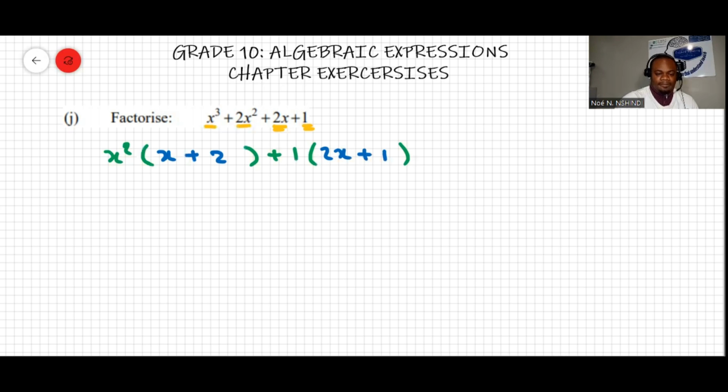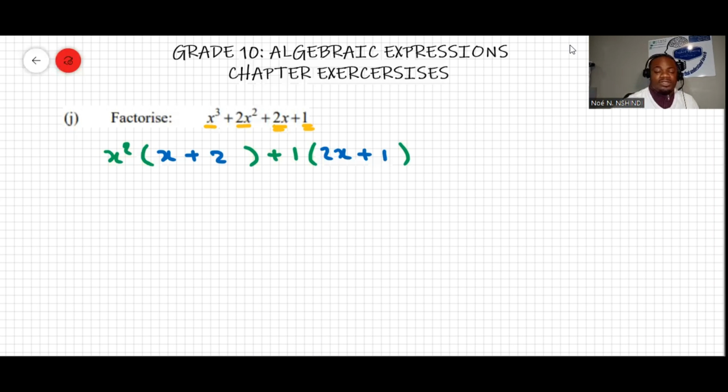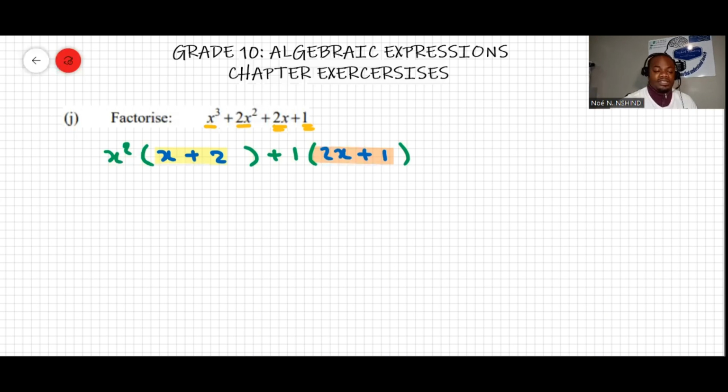Now notice that it's not really working, because this part here and the other part here are different, so we cannot really factorize this way.